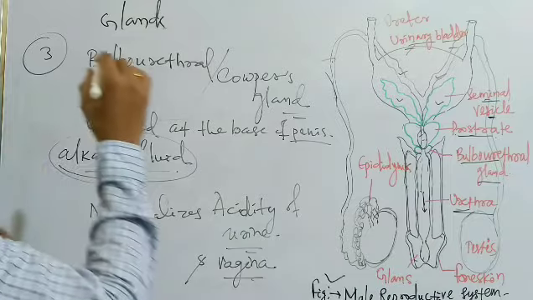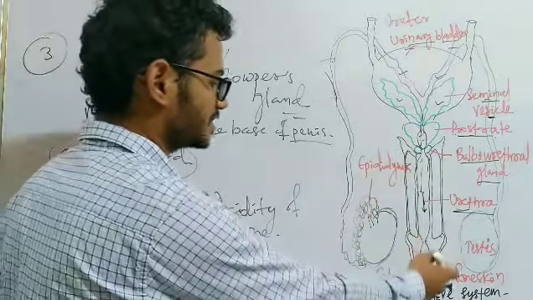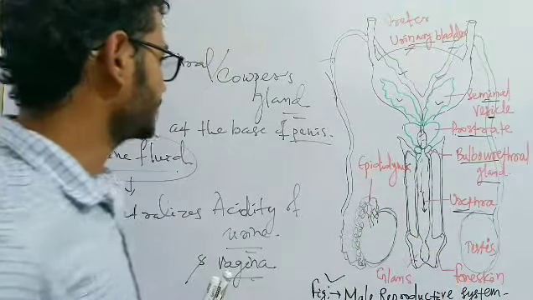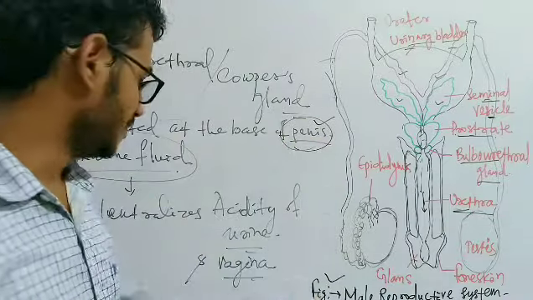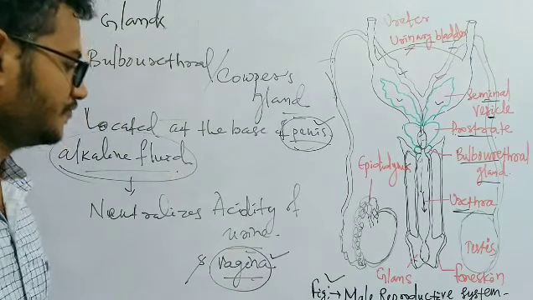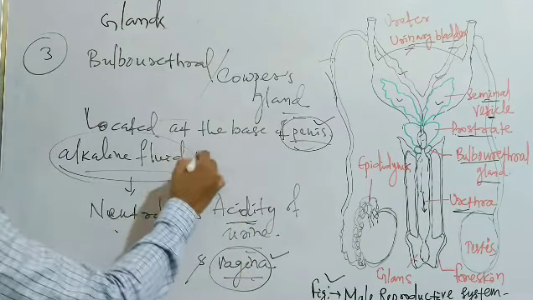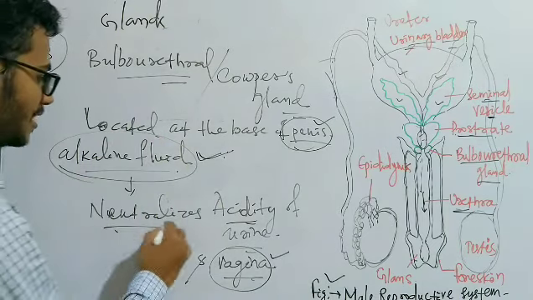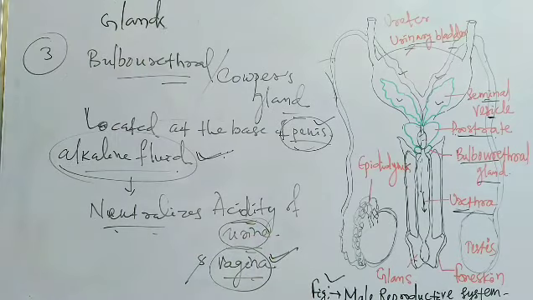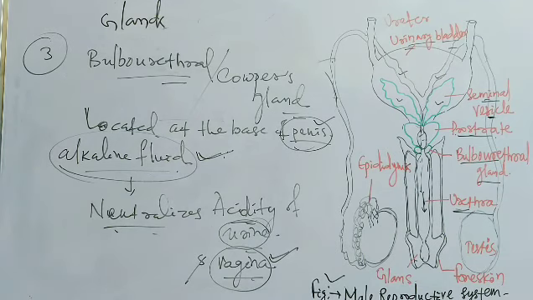Because after copulation or sexual intercourse, the semen comes out through the penis, the external genital organ, and from the penis the semen will go to the vagina of the female, and the vagina is acidic in nature, so to neutralize that also, this alkaline fluid neutralizes the acidity of urine as well as the vagina.